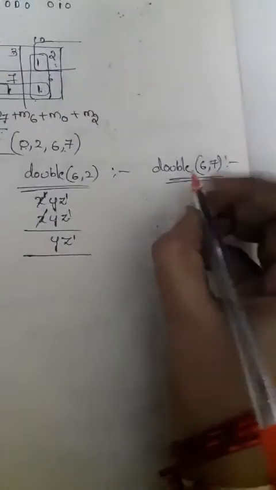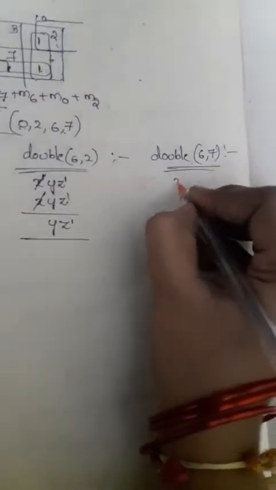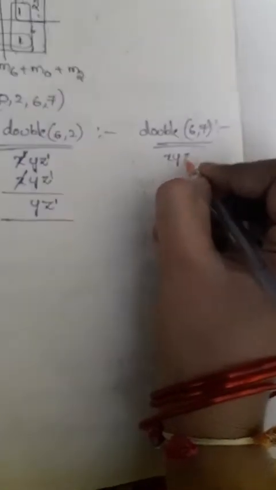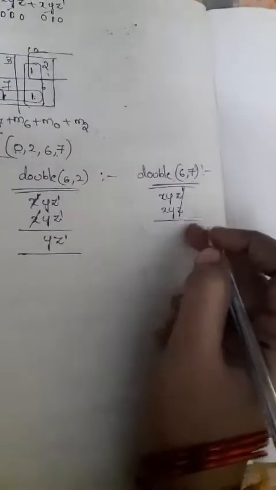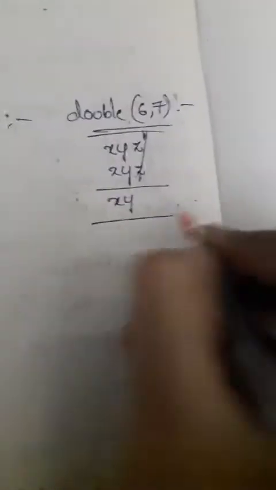Coming to the next double, 6 7. 6 is 110, so x y z complement, and 7 is 111, so x y z. Z and z complement are different variables, so they cancel, leaving x y.